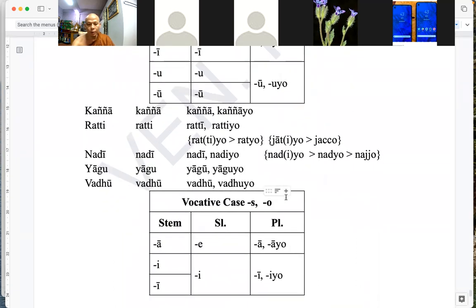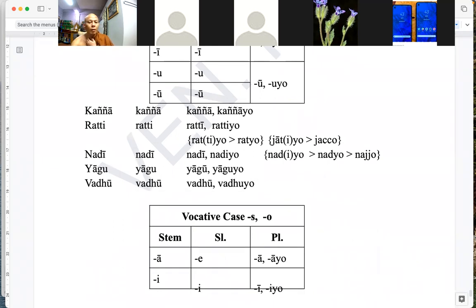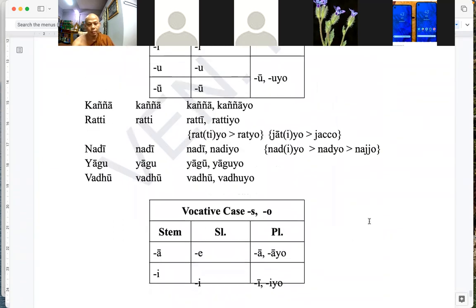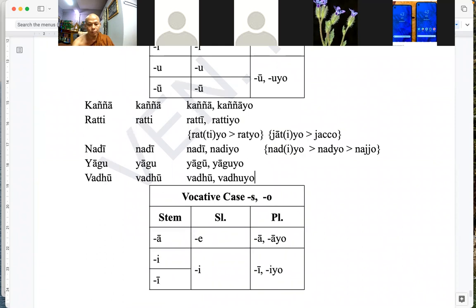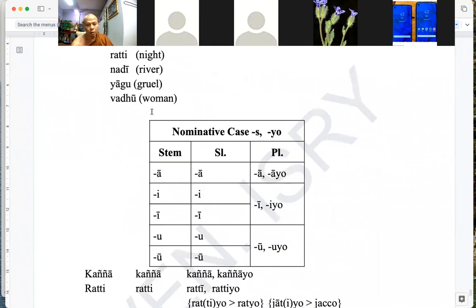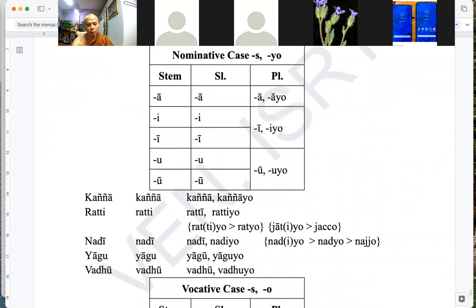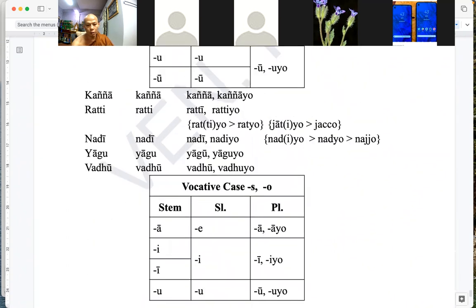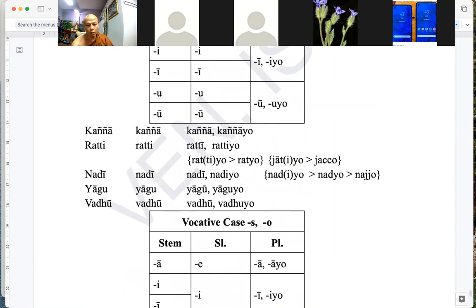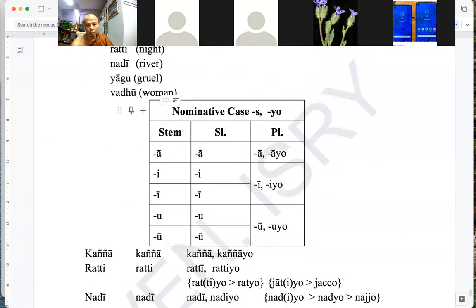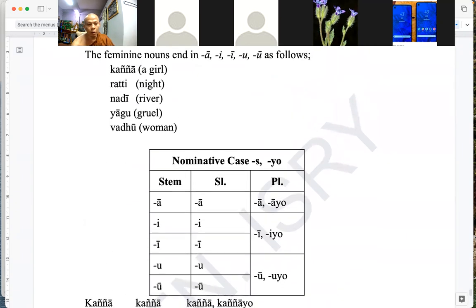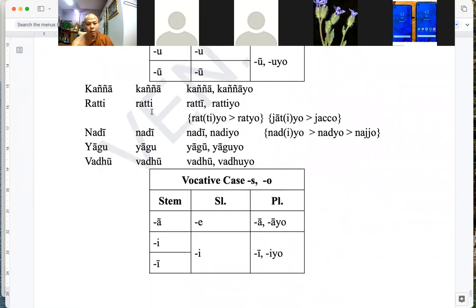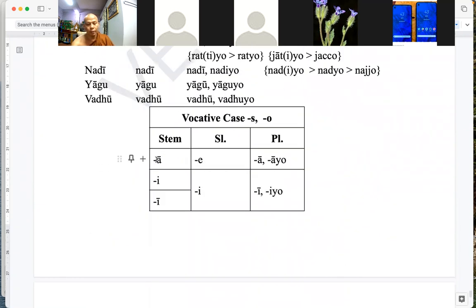And then now the vocative case. So for the vocative case, also the same stem, you know, kanya.